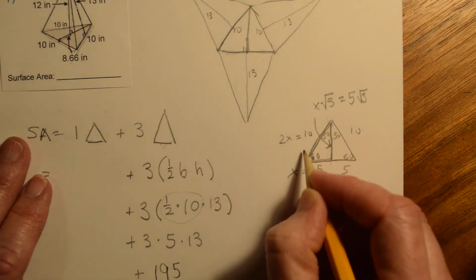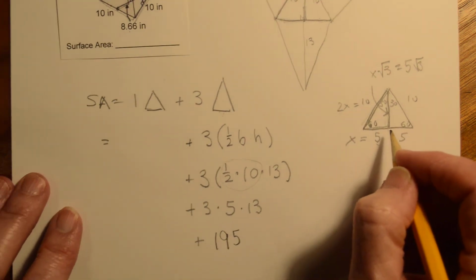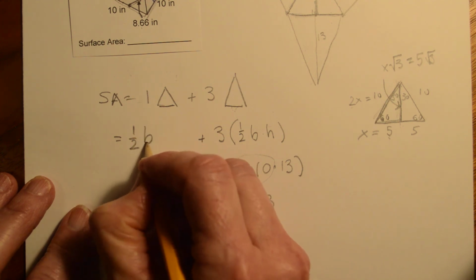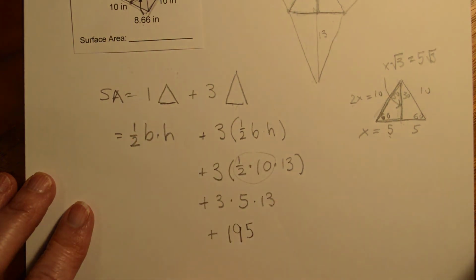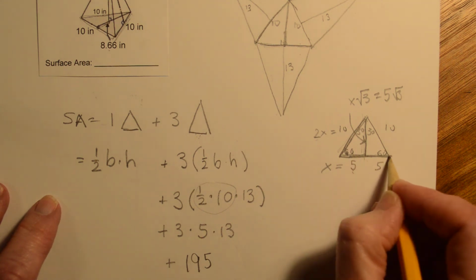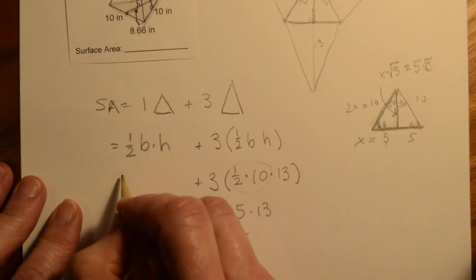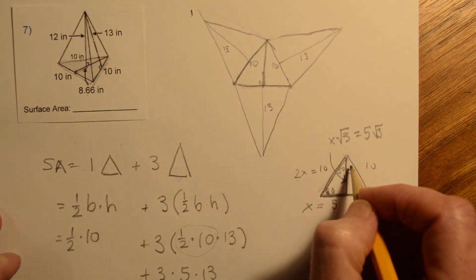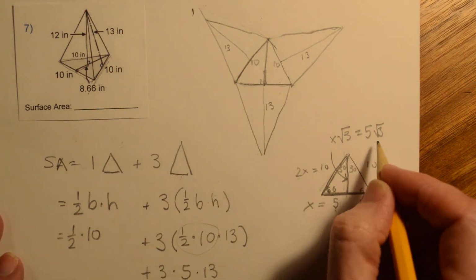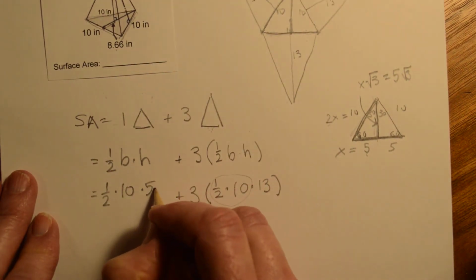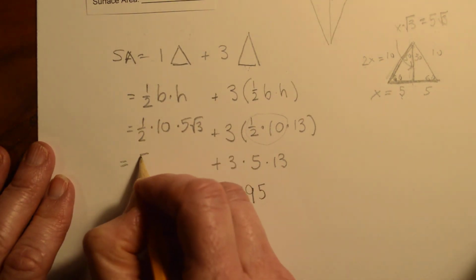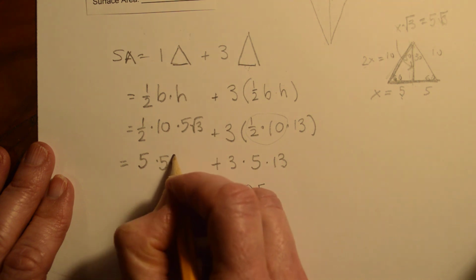All right, so if we go to find the area of this triangle, let's go back over here. It's 1/2 times base times height. The base of this triangle right here is 10, and the height we just found is 5 root 3. 1/2 of 10 is 5, times 5 root 3.